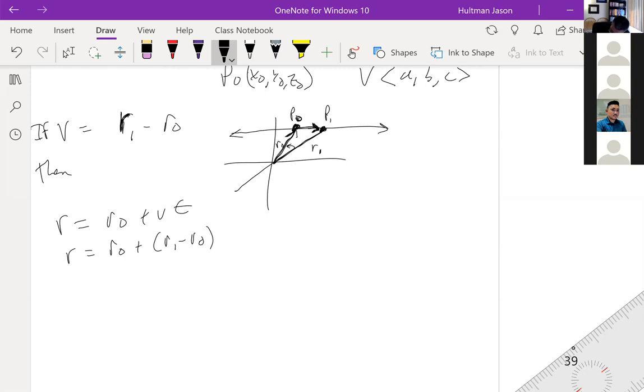So R1 minus R naught, that's this vector here. Times t. I'm going to distribute the t. So R naught plus R1t minus R naught t. R naught minus R naught t plus R1t.